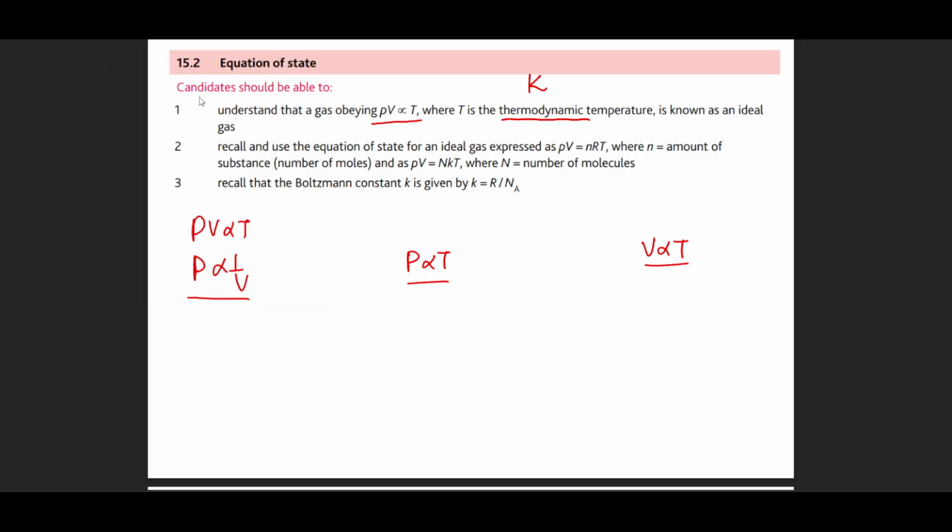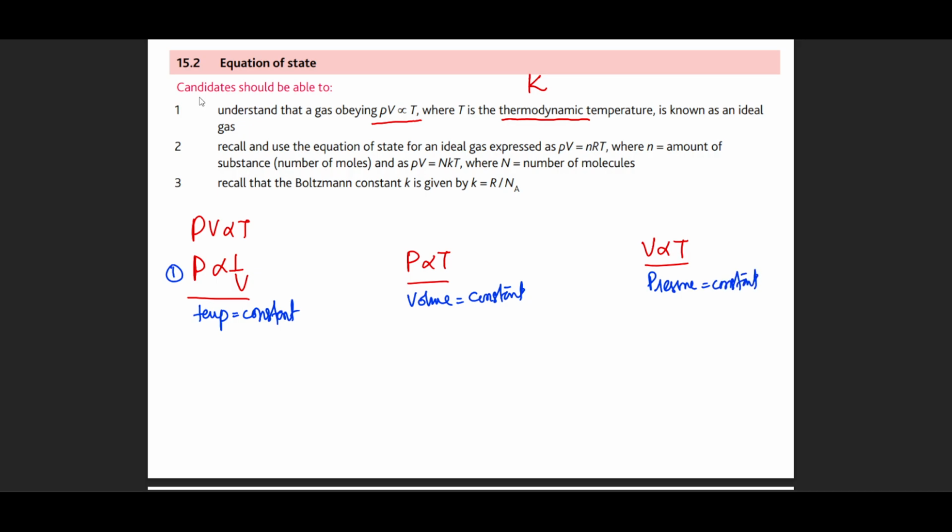Since temperature is missing in the first, the temperature is assumed to be constant in this setup. Similarly, in the second, we are talking about pressure and temperature, so volume is assumed to be constant. In the third, pressure is missing from the equation, so pressure is assumed to be constant.